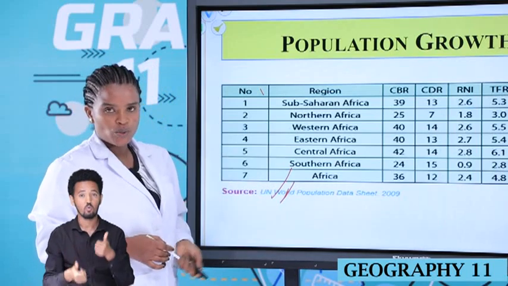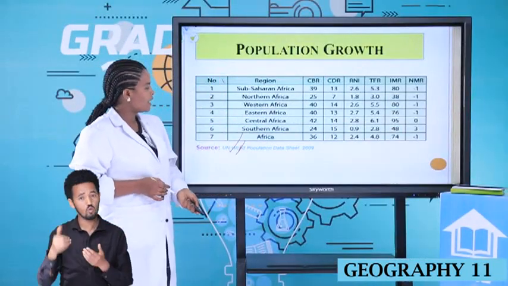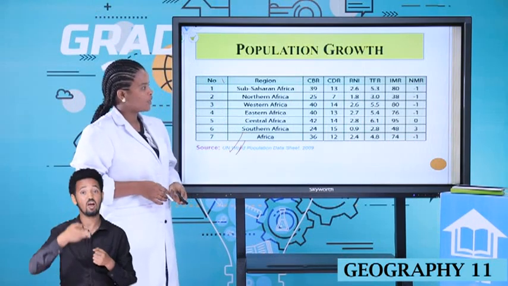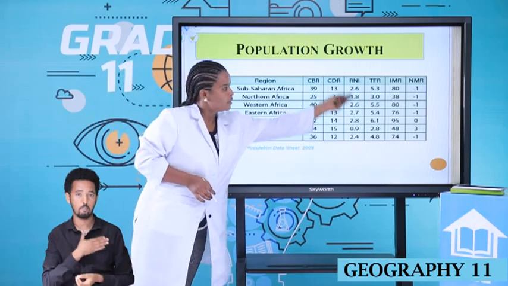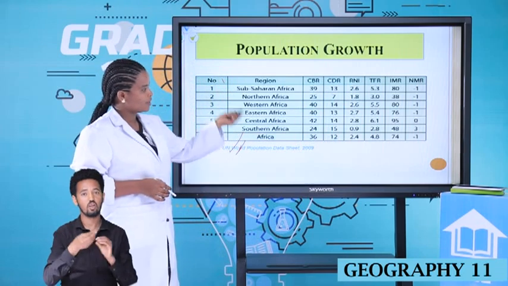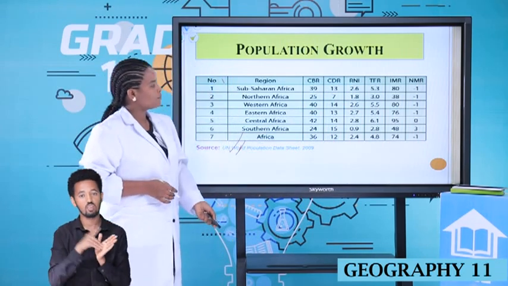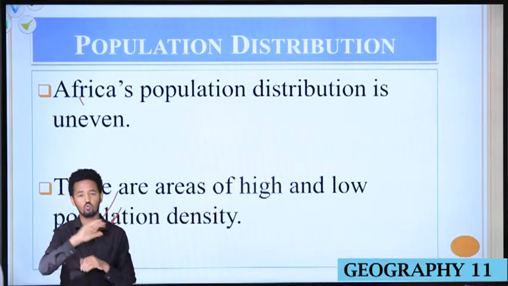When we see rate of natural increase, almost all regions of Africa except Southern Africa have a high rate of natural increase. And please see the total fertility rate of African regions. As we have seen from this data, almost all regions of Africa have a high total fertility rate.